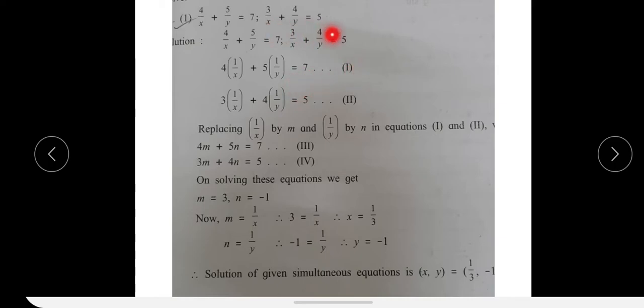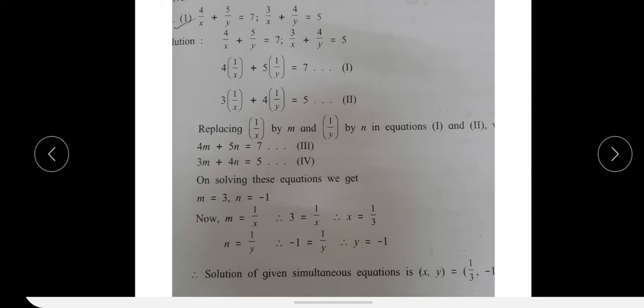For the second equation, again, the second equation is 3 upon x plus 4 upon y. This 3 upon x can be written as 3 into 1 upon x, plus 4 into 1 upon y is equal to 5. Give this as equation number 2. Now you can observe that there is 1 upon x in the same bracket in equations 1 and 2.